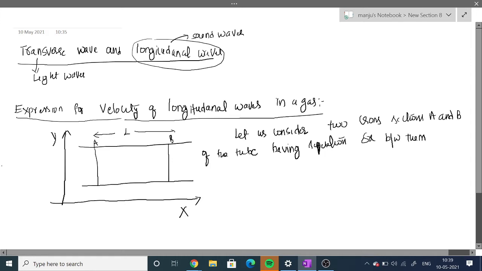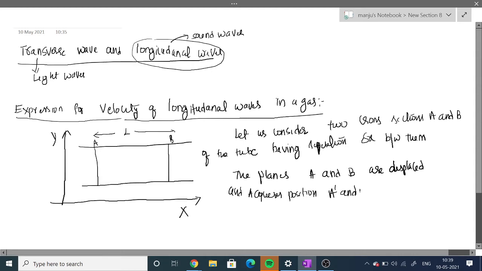Okay, so what happens when a wave passes through the tube? The planes A and B are displaced and acquire new positions A dash and B dash.